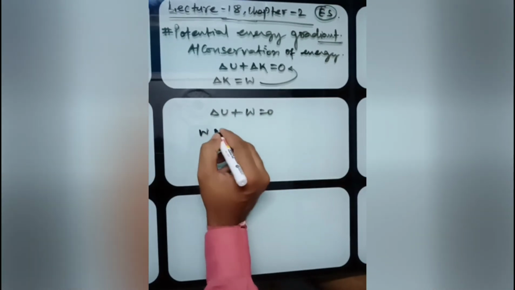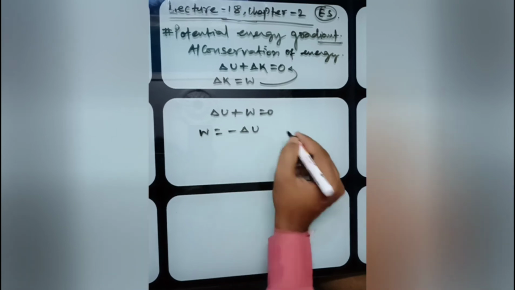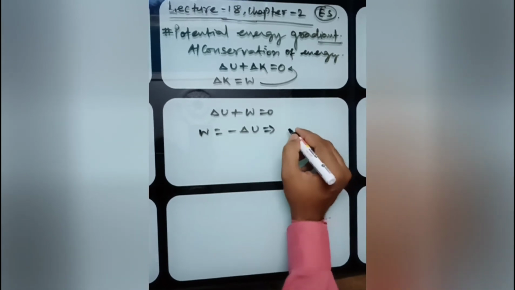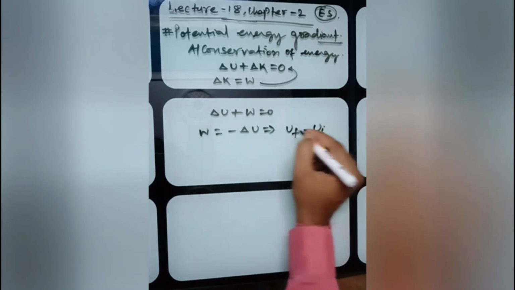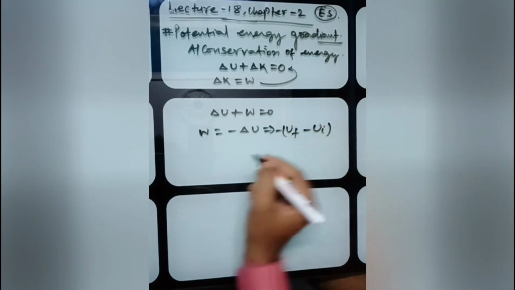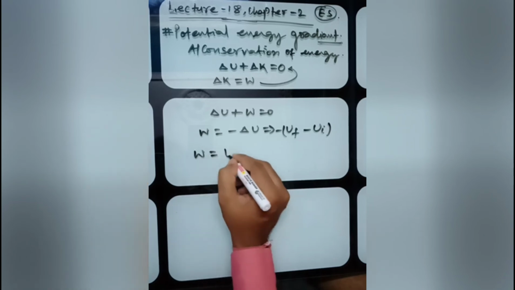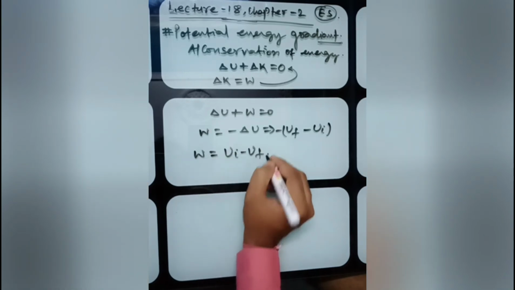Mathematically it can be written as W equals minus delta U, and delta U is U final minus U initial, but with the negative sign, W can also be written as U initial minus U final.